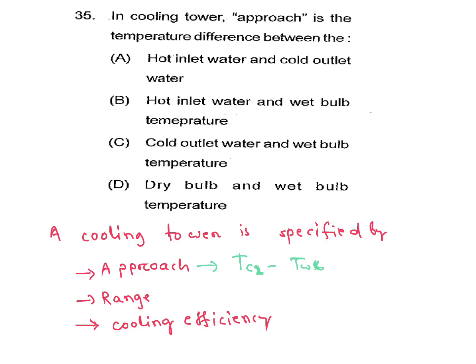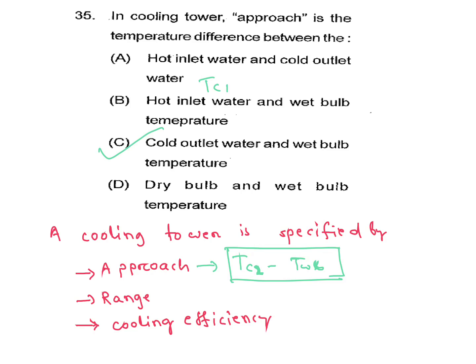This is the temperature difference which is unattainable. So Tc2 minus TWB. So hot water or Tc2 is cold water at outlet and wet bulb temperature. C is our answer. Hot water at inlet is Tc1, cold outlet water is Tc2.